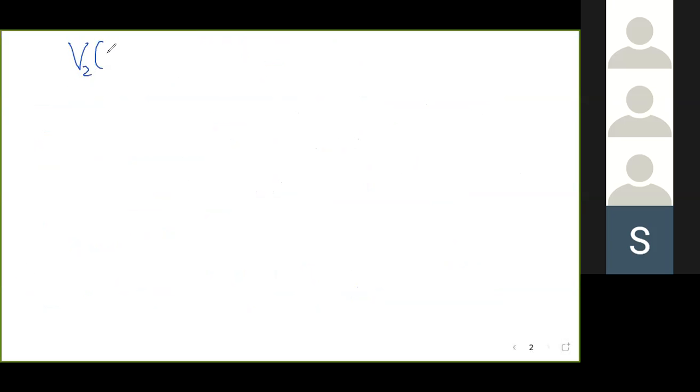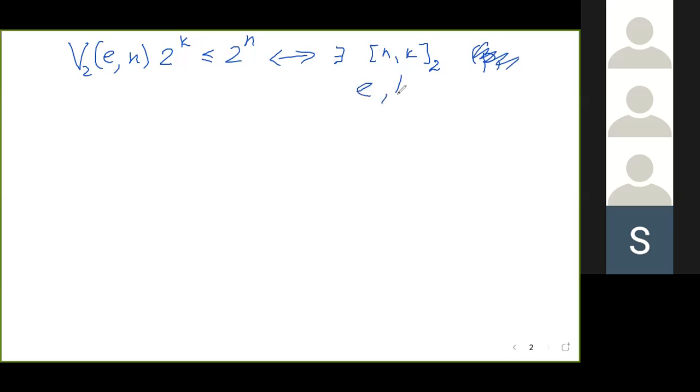The volume of the Hamming ball of radius E is at most 2 to the n times 2 to the k, if and only if, this is an approximate statement, an (n, k) list decodable code exists. Actually, we proved it for any alphabet, but now we are interested only in the binary alphabet.